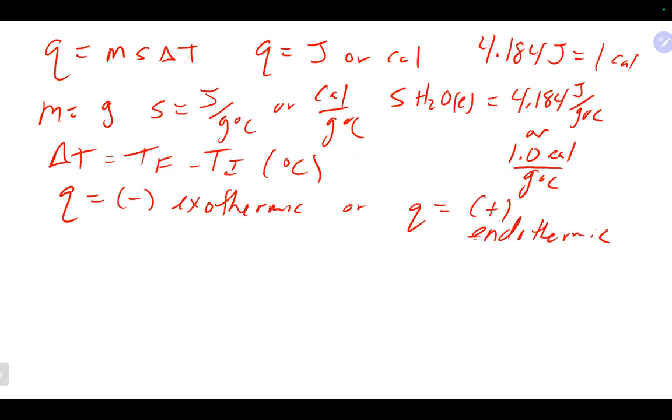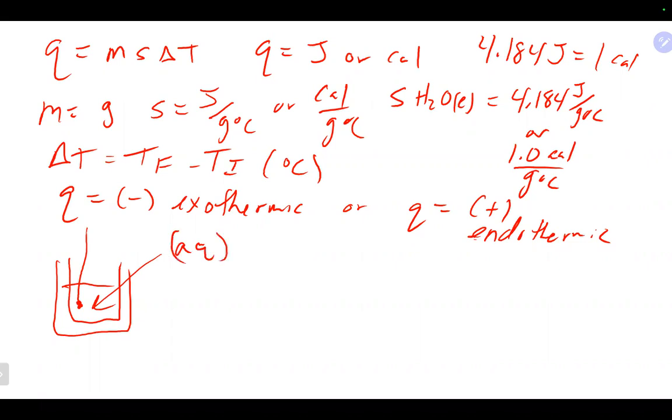As you'll do today in lab, you can simply do this type of experiment with coffee cups, basically, with a thermometer. Even if you weren't putting a solid into a liquid like we're doing today, if you mix two solutions together, most solutions are aqueous in nature.